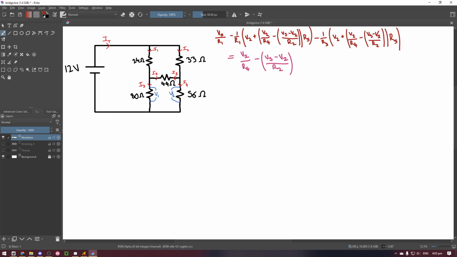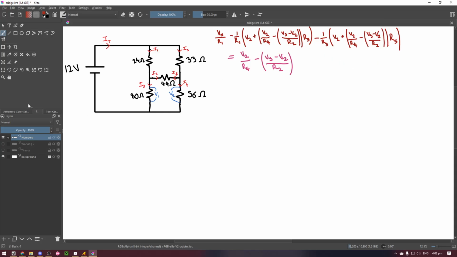Now we can substitute those numbers back into this equation in order to find V2. Before we do that, we should simplify this equation a little to make it easier. The first thing to do is notice that this set of brackets and this set of brackets are the same, so we can factorize by taking it out as a factor from this term and this term.